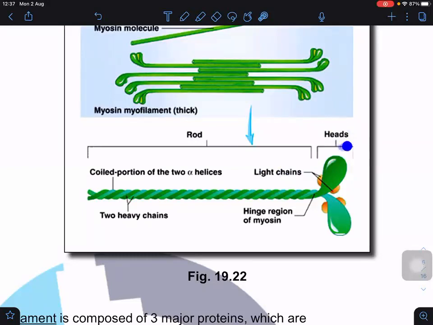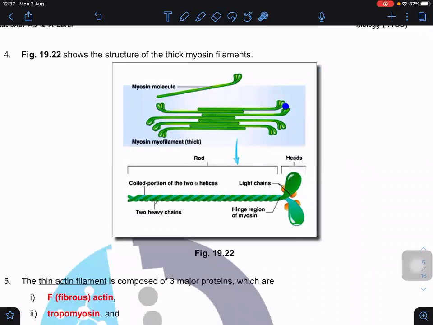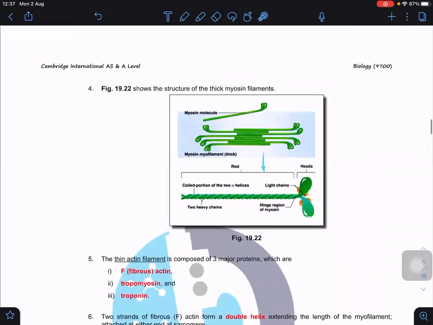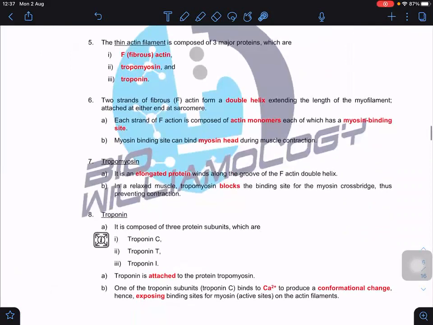And the heads have what we call ATPase activity. Because of this structure, it forms the thick filaments, or myosin thick filaments. How about thin filaments? Thin filaments are composed of three major proteins: F-actin, where F stands for fibrous, tropomyosin, and troponin. So we have these three proteins you need to know.